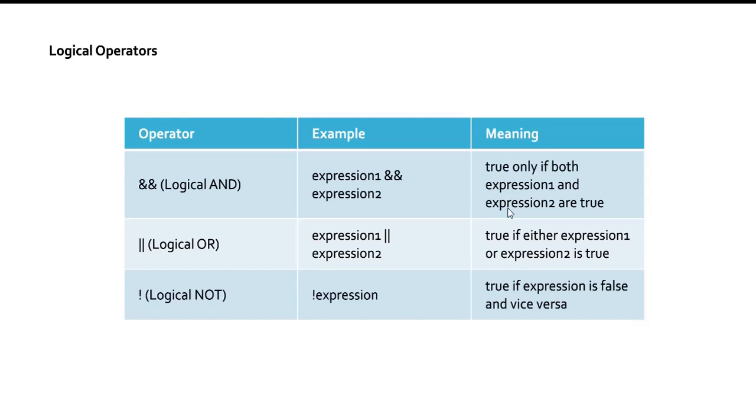That's how logical and works. But in case of logical or, if any one condition is satisfied, then it prints true, otherwise it prints false. Logical not is an operator that gives the opposite of whatever the result comes: true if the expression is false, and false if the expression is true. Let's see it through an example.